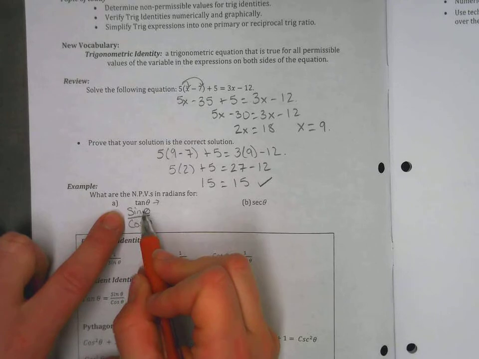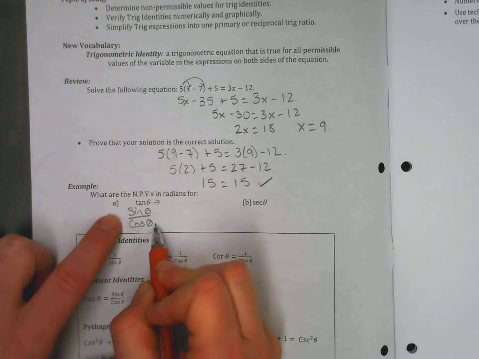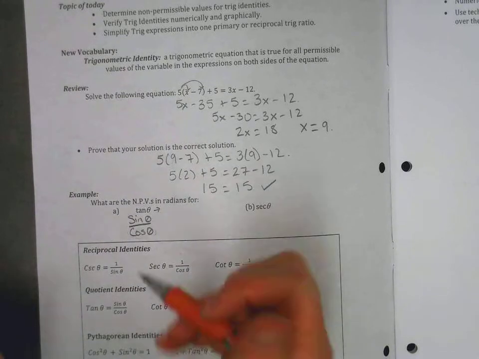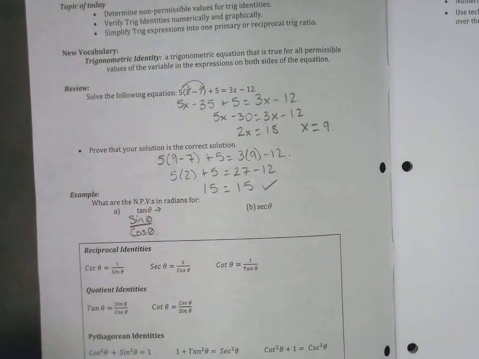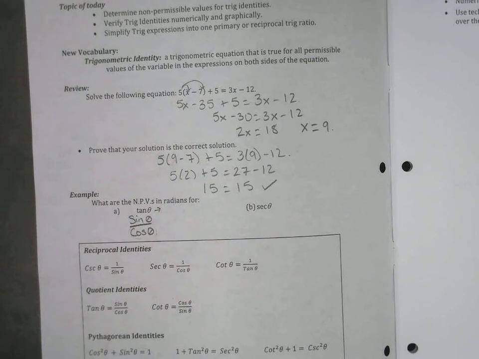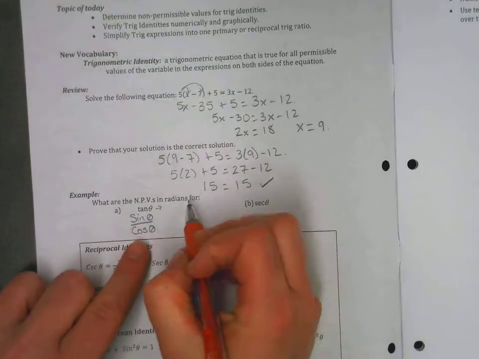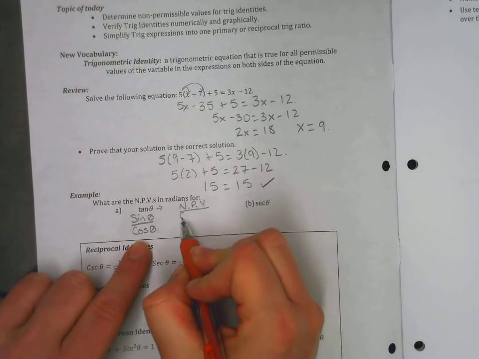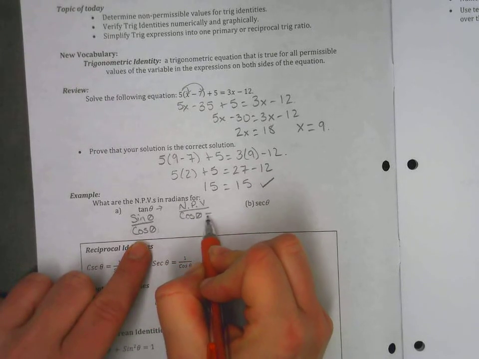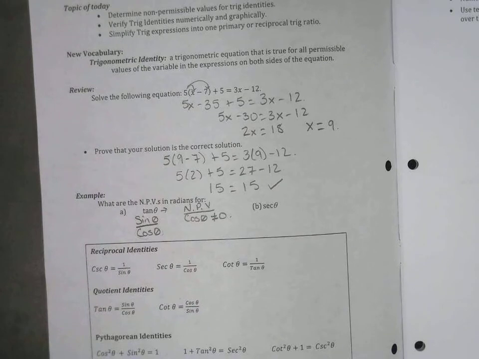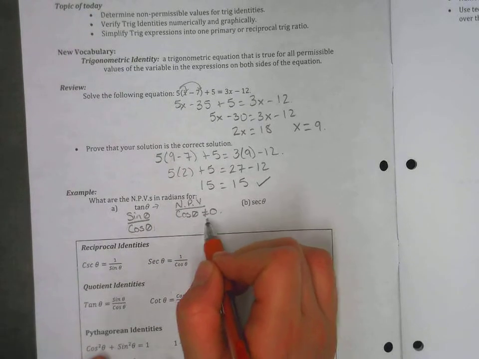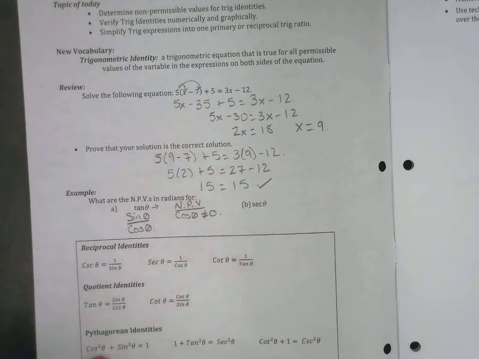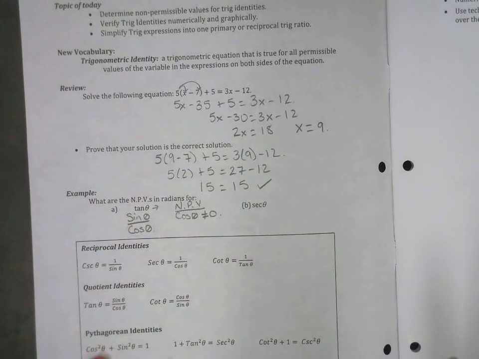So our non-permissible values occur where cos of theta equals 0. Thinking about our unit circle, when is cos of theta equal to 0? That would occur at pi over 2 and 3 pi over 2.